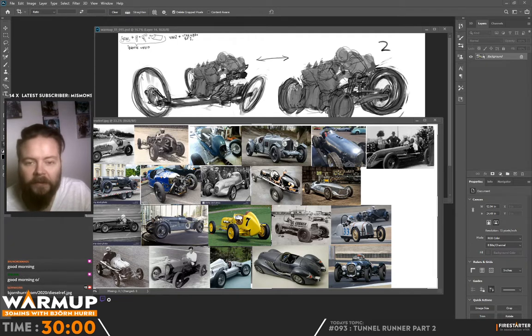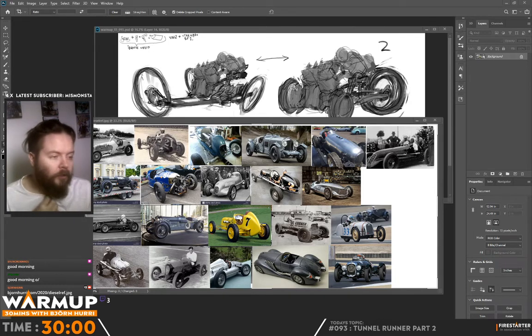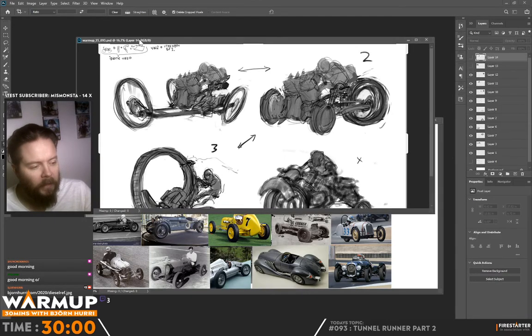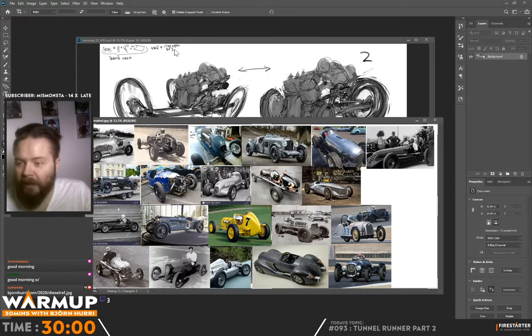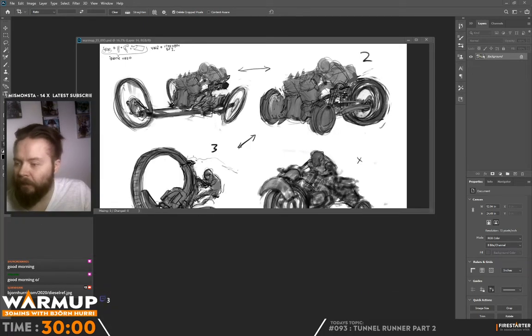So here is the ref. If anyone is interested in looking at them, being inspired by them, draw your own thing. It's there if you want it. So today, the idea is I will have the references on the side.